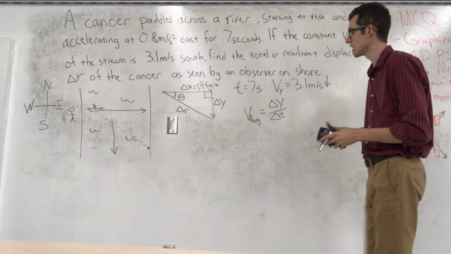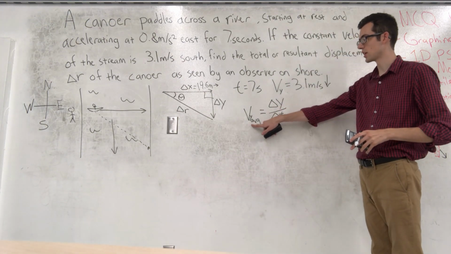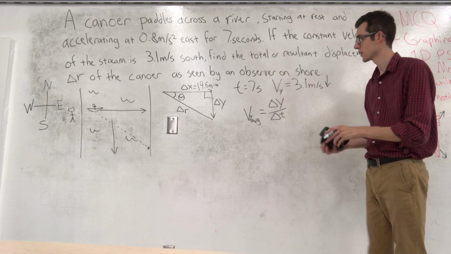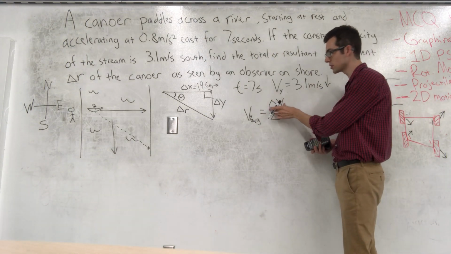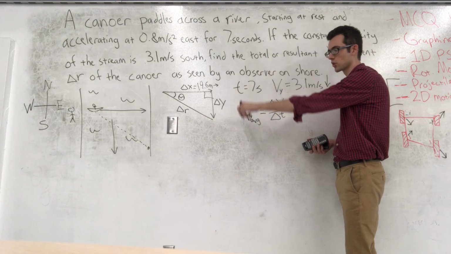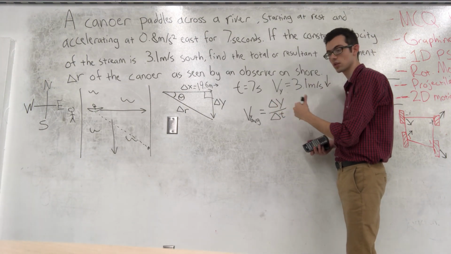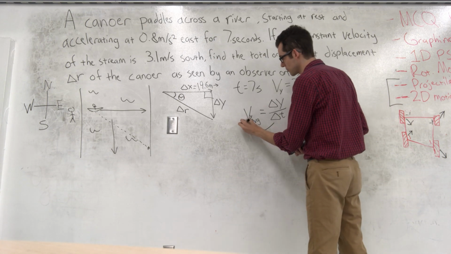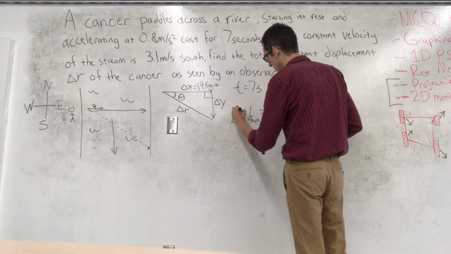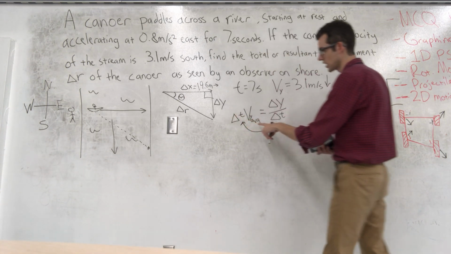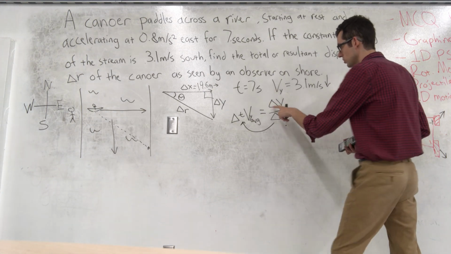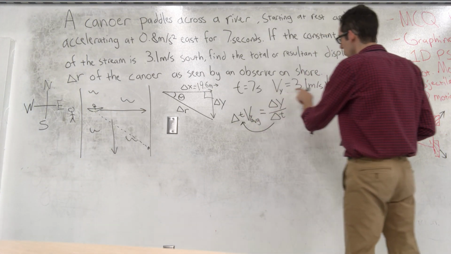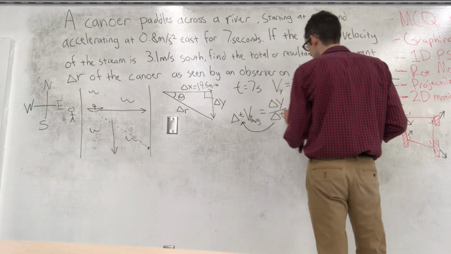Now this is saying if we have a constant velocity or the average velocity for the whole time, we can find the total displacement traveled in the vertical direction due to the velocity of the river if we take the time and multiply it times our velocity for the river. So delta y is equal to 3.1 meters per second times 7 seconds.